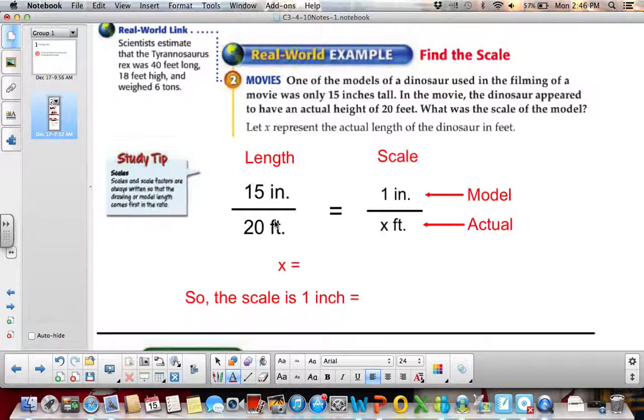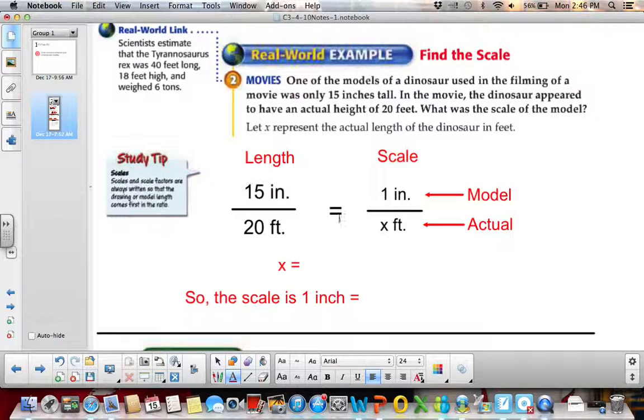I flipped this around, I'm sorry, but notice how the length is matched up, the scale is matched up, and then we have our model dinosaur length and the actual dinosaur length. The model is 15 inches and the real dinosaur is 20 feet.